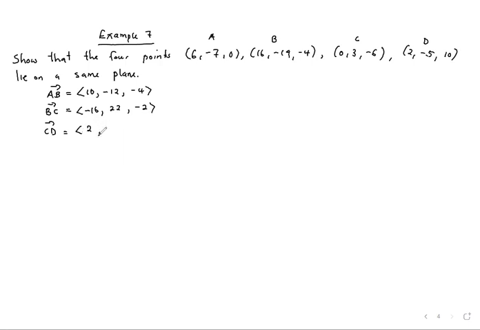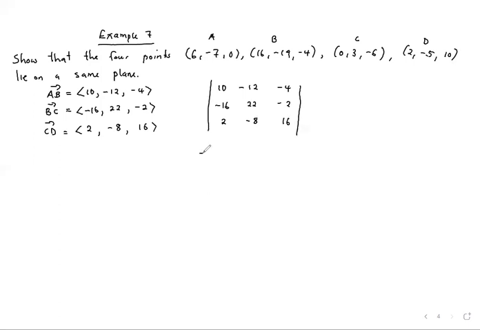Negative 5 minus 3, that's negative 8. And 10 minus 6, that's positive 16. Well, we could get AD, but it's all right. We already have 3 vectors. So let's get the determinant: 10, negative 12, negative 4, negative 16, 22, negative 2, 2, negative 8, 16.